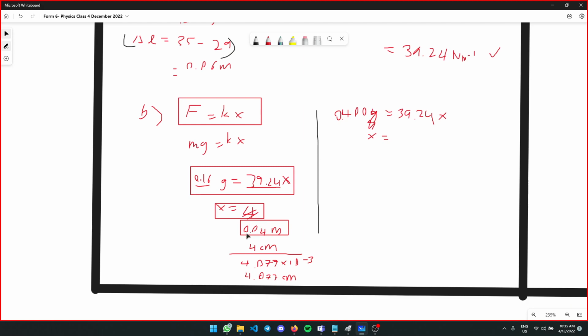So you can also do it for the other mass, 400 g, which is 0.4 kg. 0.4 over 39.24, you'll get around 0.102. Oh sorry, 0.0102.